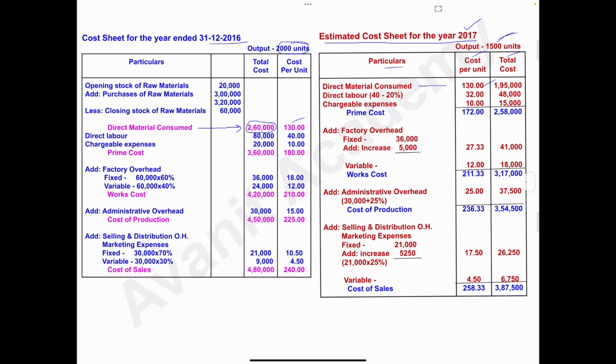To get the total cost amount, what do we have to do? One unit direct material cost is 130.